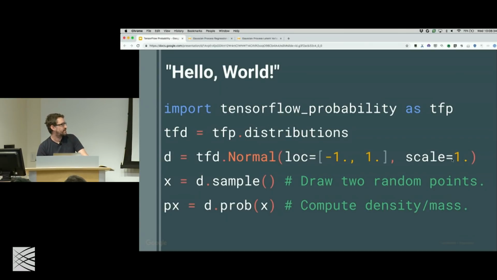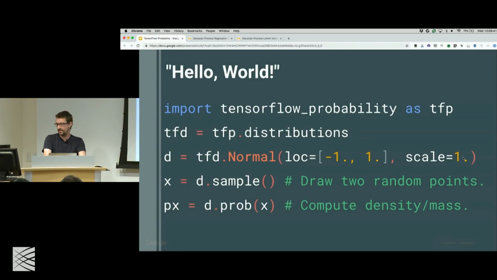And the scale broadcasts, so if you're familiar with broadcasting in NumPy, our distributions all work naturally with that. When you draw a sample from this distribution, what you actually get is two samples, one from each of the two distributions. And when you measure the probability of that sample, you'll get the probabilities of those two independent draws according to those two separate distributions.